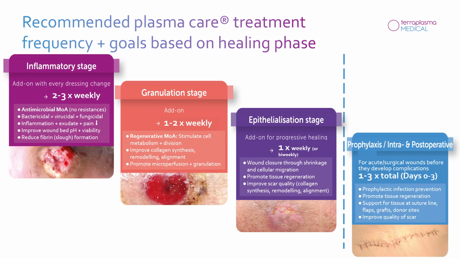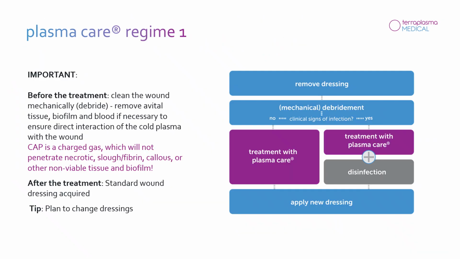In the epithelialization phase, we treat once weekly or every second week. For acute or surgical wounds, before complications develop, we recommend to treat 1 to 3 times in total on day 0 to day 3.